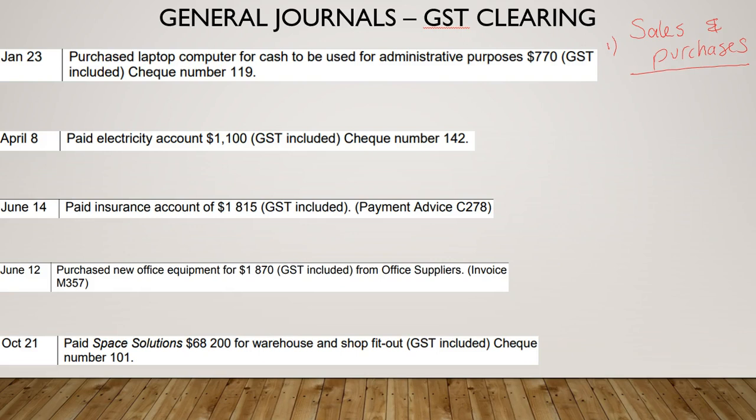So in terms of journals, how we're going to do this, let me just grab a different colour pen. So on January the 23rd, we purchased a laptop computer for cash to be used for administrative purposes, $770, GST included. Okay, so in terms of us paying for that computer, it's straight out of the bank.